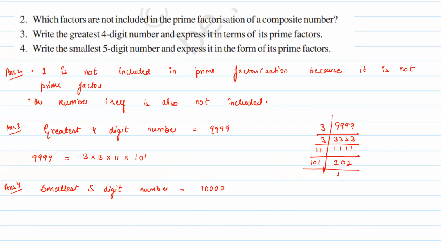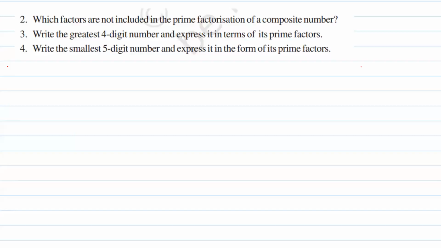Let me do it with the prime factorization: 10,000 goes by 2, then 5,000, then again 2, 2,500, then again 2. Because we have done the prime factorization above, the ladder method, let us do it with the factor tree method.